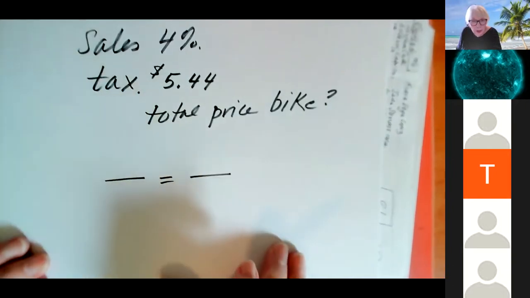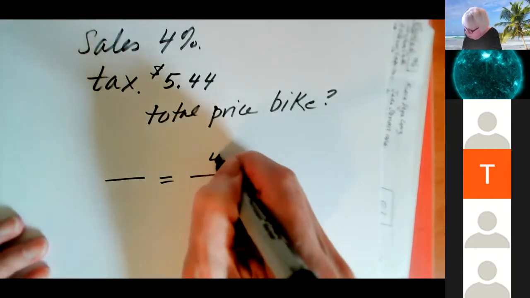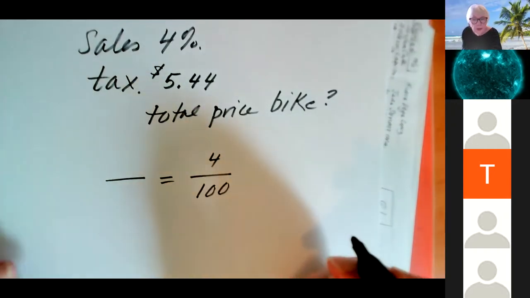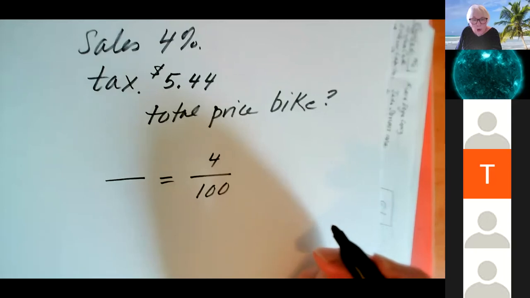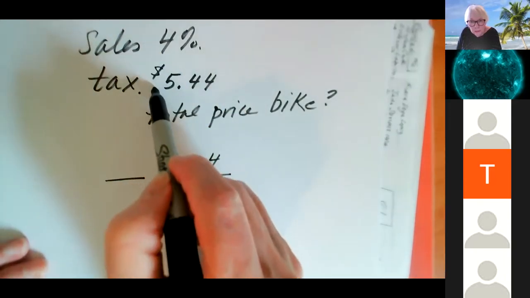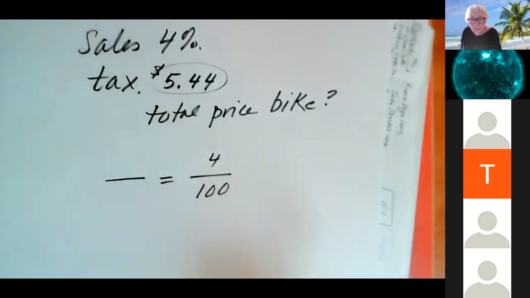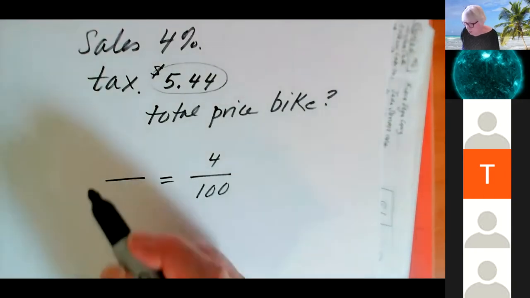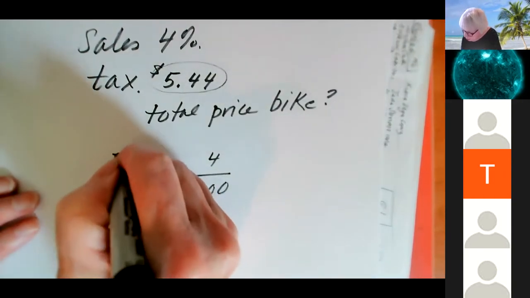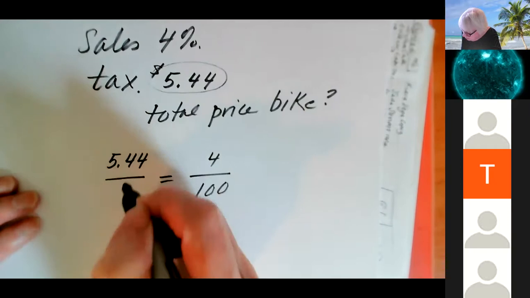Sometimes we'll go this way. This would be 4%, which is 4 over 100. Where does this number go? On top. It's the part.